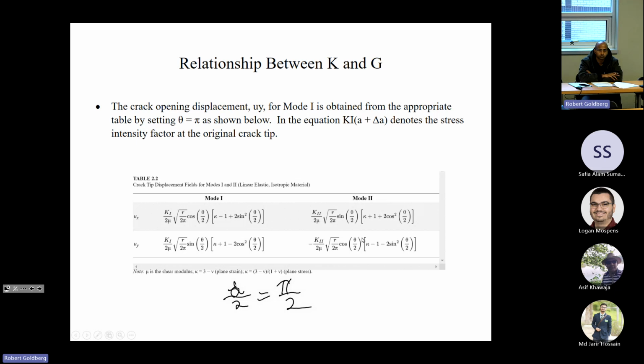So cosine of pi over 2, cosine of 90 degrees, is 0. So that eliminates this whole term. Sine of pi over 2 is 1, so that just takes this term and sets it equal to 1.